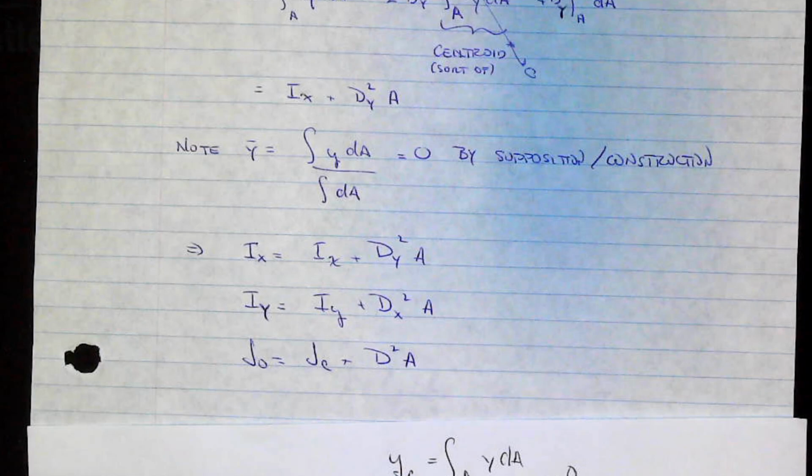Then we can have the polar moment of inertia, which would have been at the original centroid, plus the distance to the origin of the new axis, squared times A. So we'll just bring this down for a moment. So here was that d, what I just did. To go from JC to JO, it would be the polar inertia at C plus this d squared times the total area. And those are the basic equations for area moment of inertia.